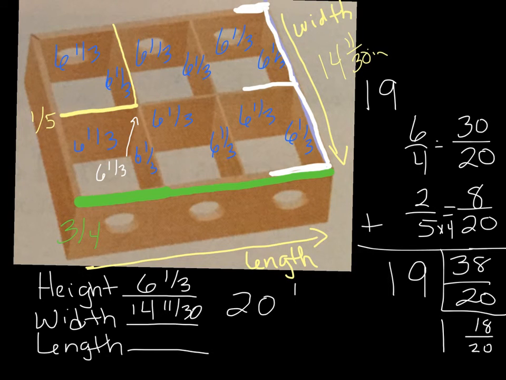Our fraction was 18 over 20. We know we had to simplify that. We could divide by 2 and get ourselves 9/10. So now we know that our length is 20 9/10 of an inch.